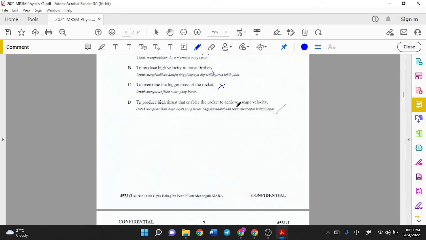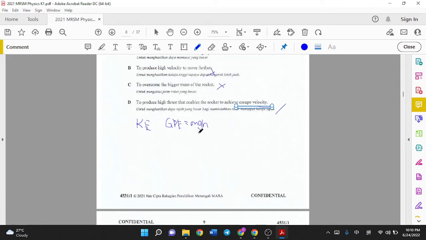In order to derive this escape velocity, we will use two concepts. One is kinetic energy, and another is gravitational potential energy. Our gravitational potential energy, which you learned in PT3, is equal to mgh.